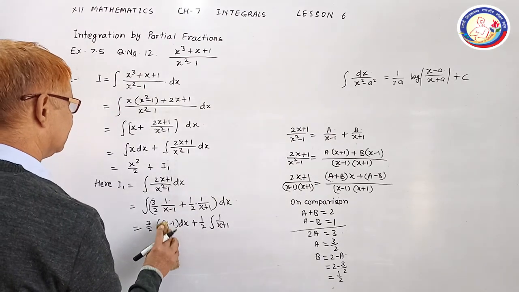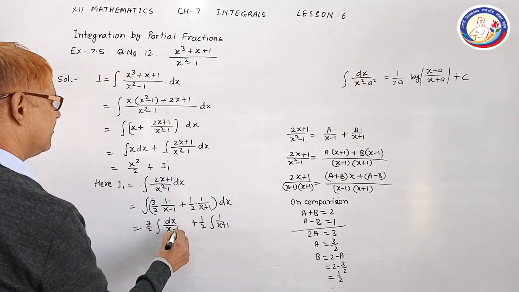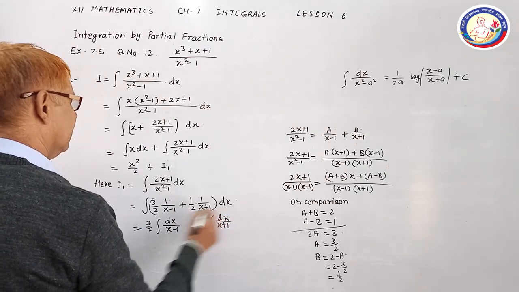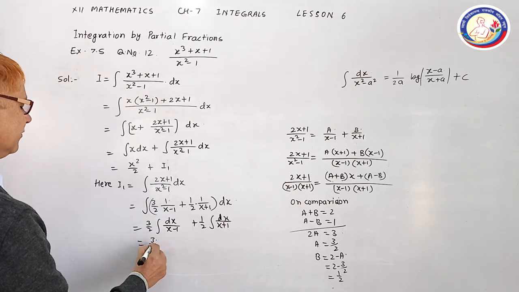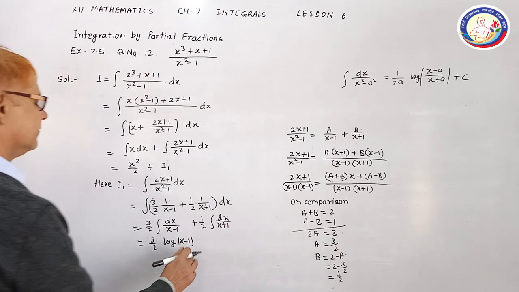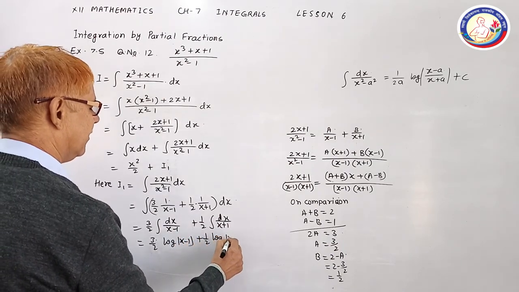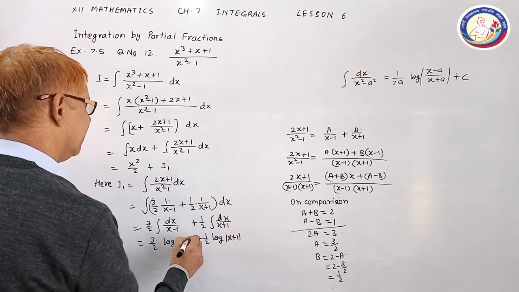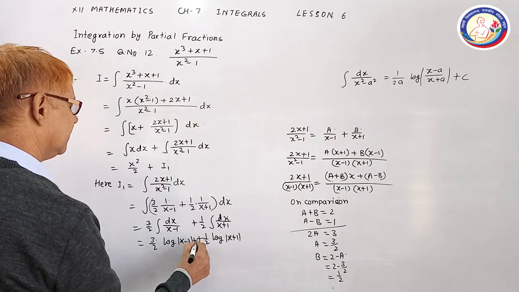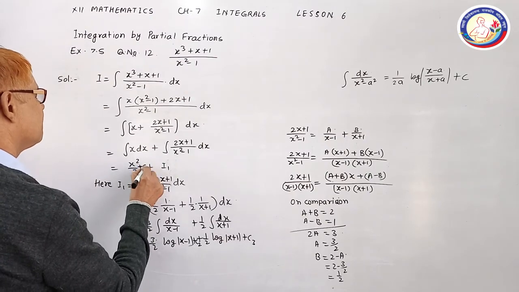Integrate this. This is 3 by 2 log of x minus 1 plus 1 by 2 log of x plus 1, and here constants of integration c1, c2, c3.